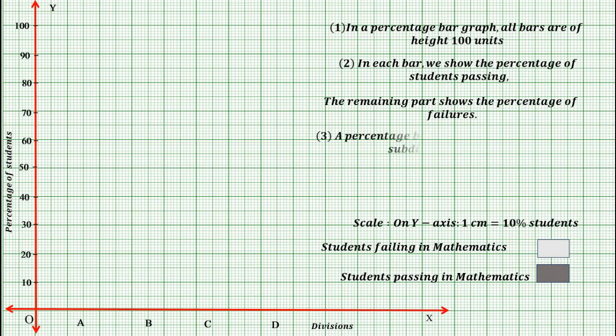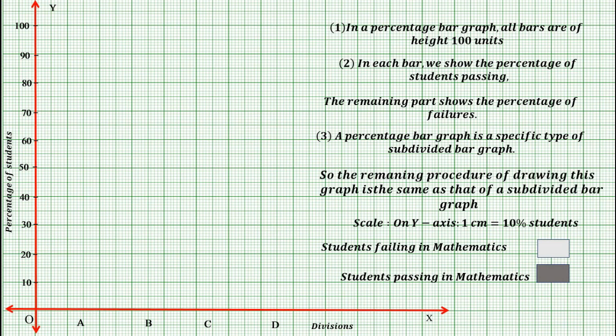Third, a percentage bar graph is a specific type of subdivided bar graph. So the remaining procedure of drawing this bar graph is the same as that of a subdivided bar graph.